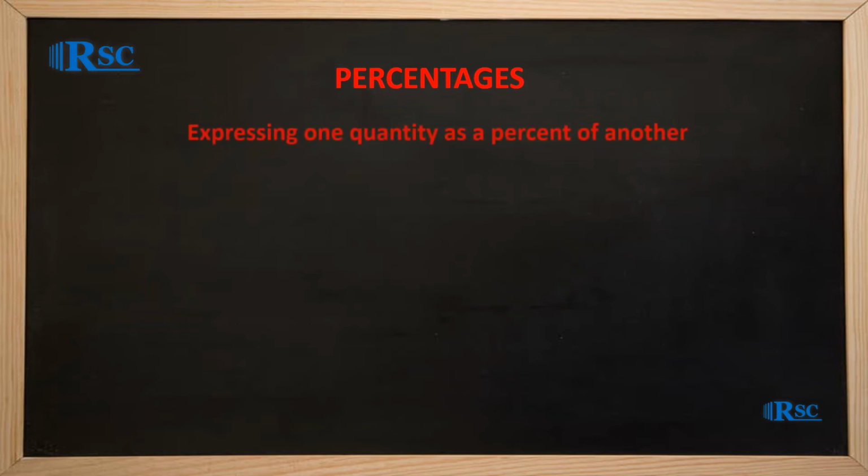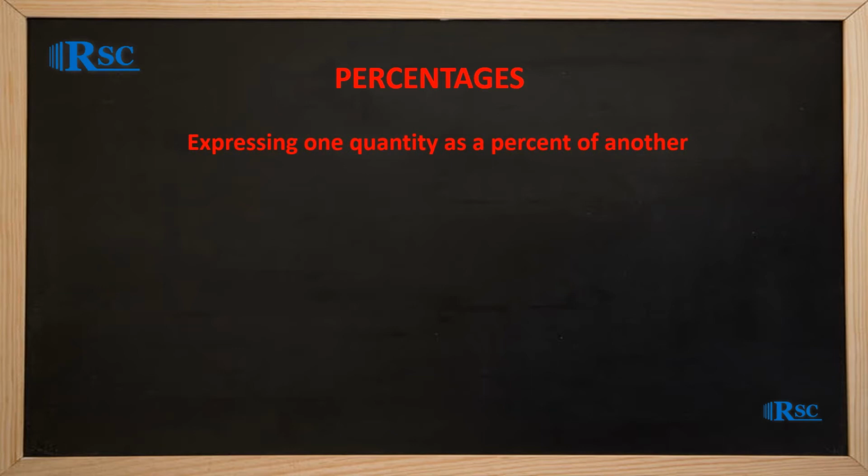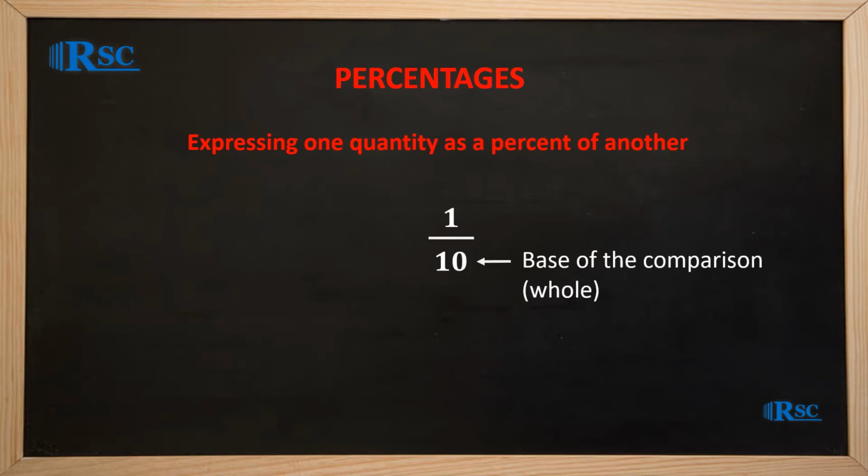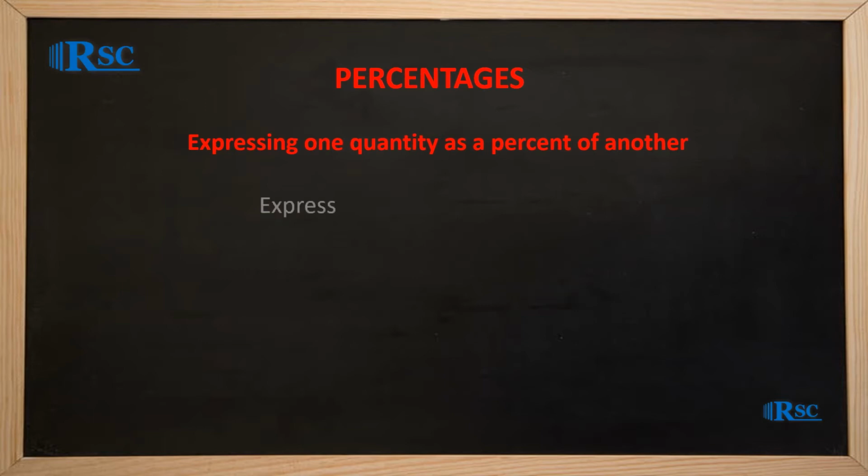Expressing one quantity as a percent of another. In comparing two quantities, it is always necessary to identify the base of the comparison. It is helpful to replace the word percent with fraction to identify the base of the comparison. For example, express 15 as a percent of 25.